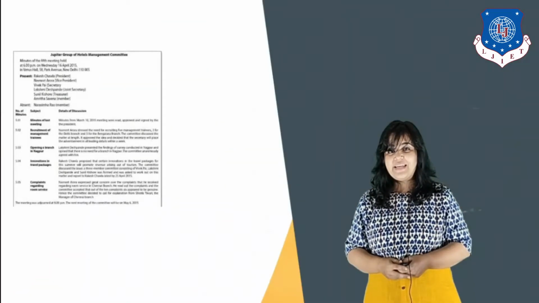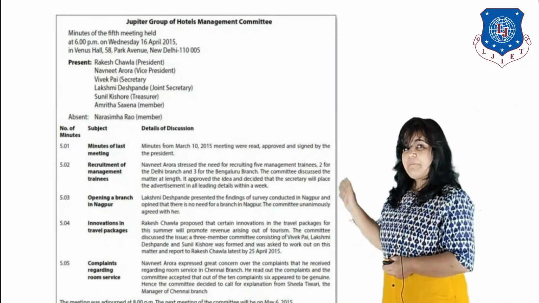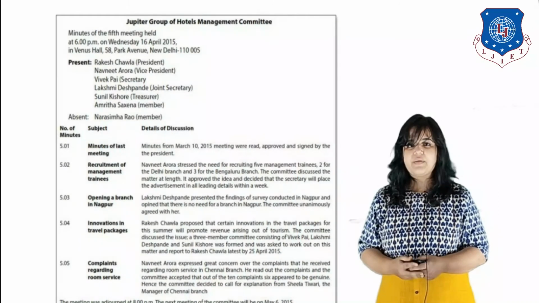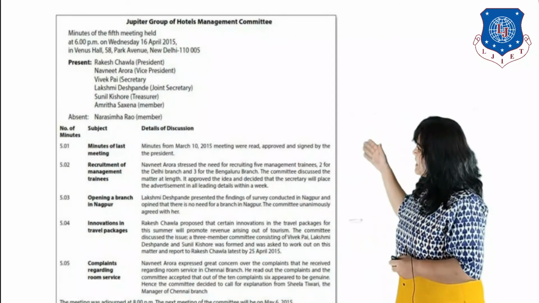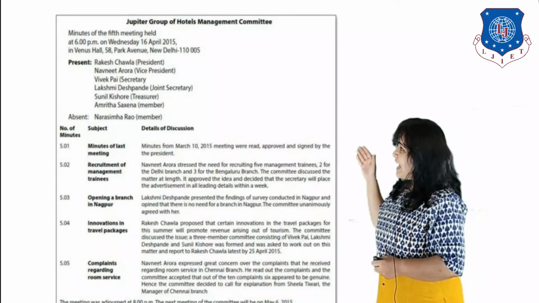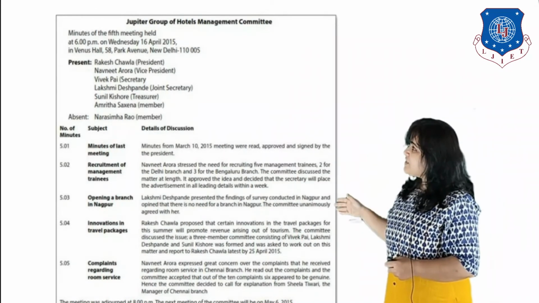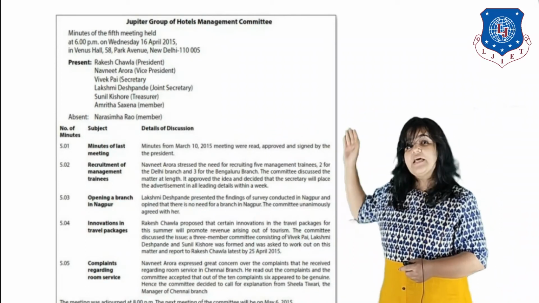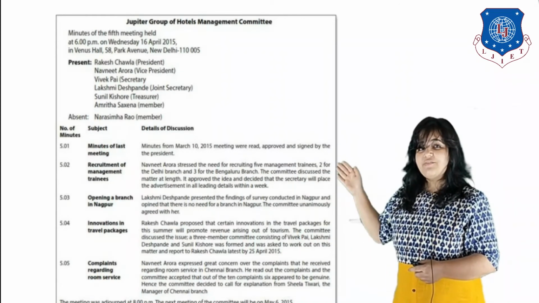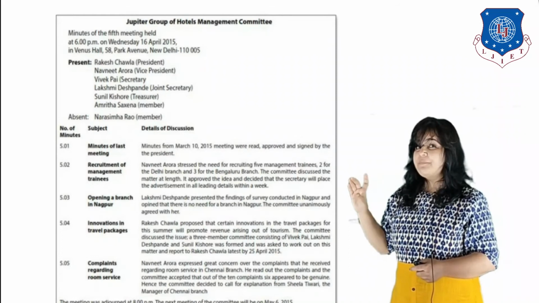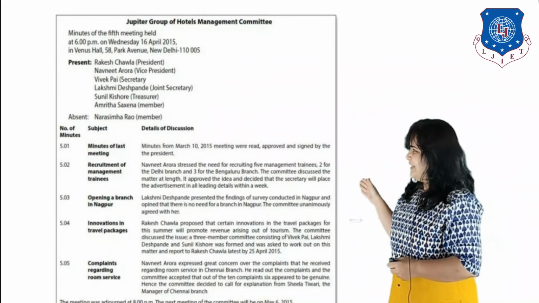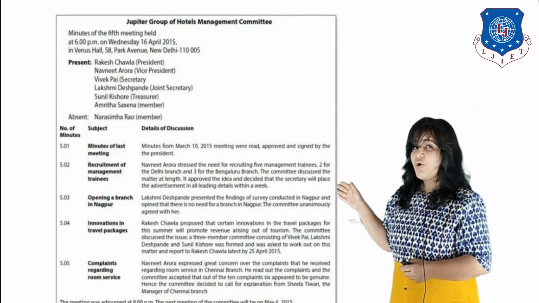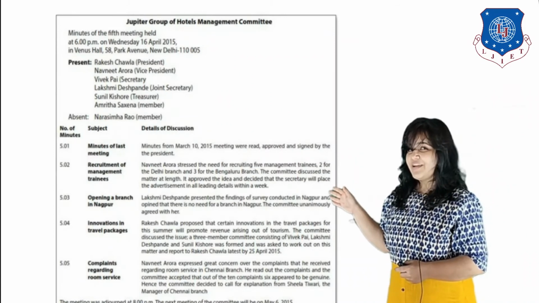Moving onwards, let us try to see an example of formal minutes of meeting. This is an example of formal minutes of meeting. As you can see, the minutes of meeting consist of present employees, absent employees, and the details of each and every agenda, written briefly. Can you tell me which format of formal minutes it is following?